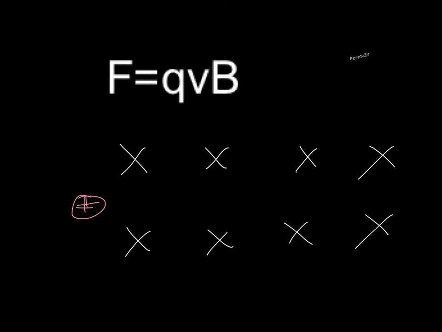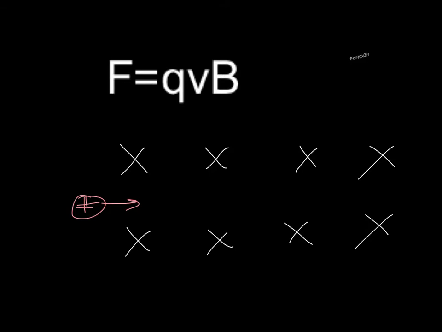So let's say our particle is moving initially this way, horizontally. So let your fingers be the magnetic field, go into the board, do it with me, and then your velocity to the right, and you should have your palm facing up.